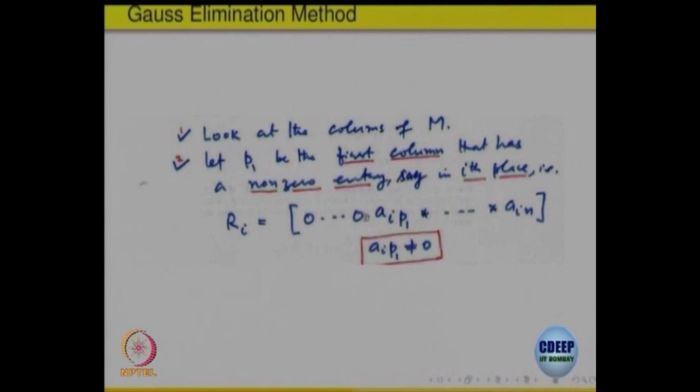Let P1 be the first column that has a non-zero entry: first column 0, second column 0, and the first column where a non-zero entry somewhere comes is column number P1. That non-zero entry has come at some place, and we should make that row the first row, because everything else was 0 on the left side of it. Is it clear what we are doing?